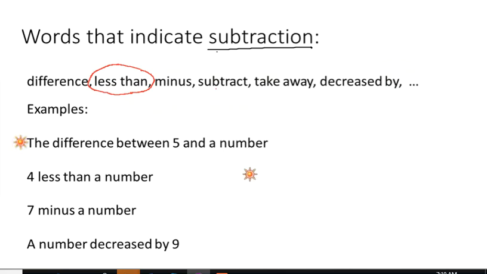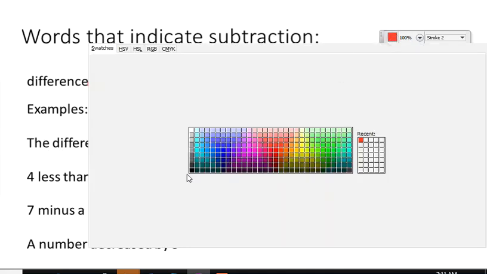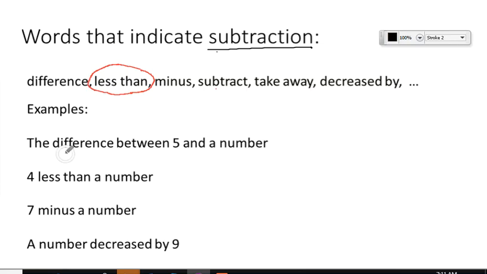So let's look at the first one, the difference between 5 and a number. We know that difference means subtraction. Remember that anytime it says a number, that's something that we don't know.